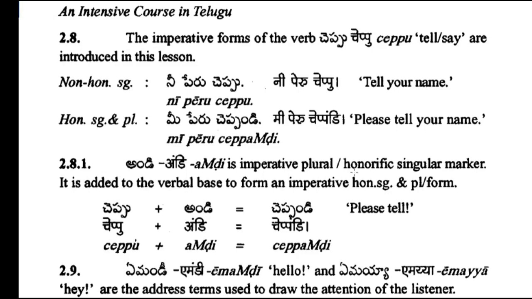Here we have the explanation. The next one is Emandi. Hello, Emaya, hey, or Emandi are address terms used to draw the attention of the listener. It doesn't have a particular meaning, as I mentioned before. If you want to call someone, for example a person who is going by, you want to get his attention, Emaya.